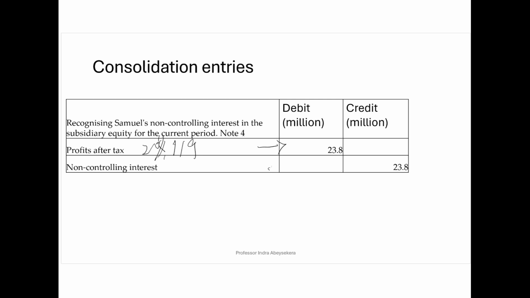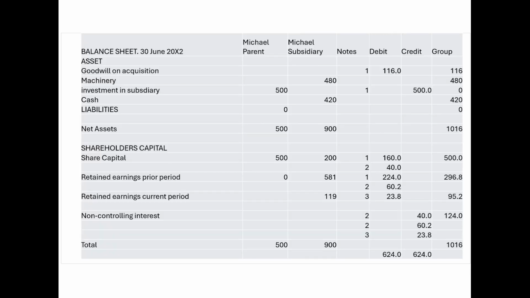Now let's do these adjustments in our consolidation worksheet. In our consolidation worksheet at 30th June 20x2, we have Michael parent and Michael subsidiary, balance sheet, and the income statement. And then we have the adjustment columns, debit and credit.